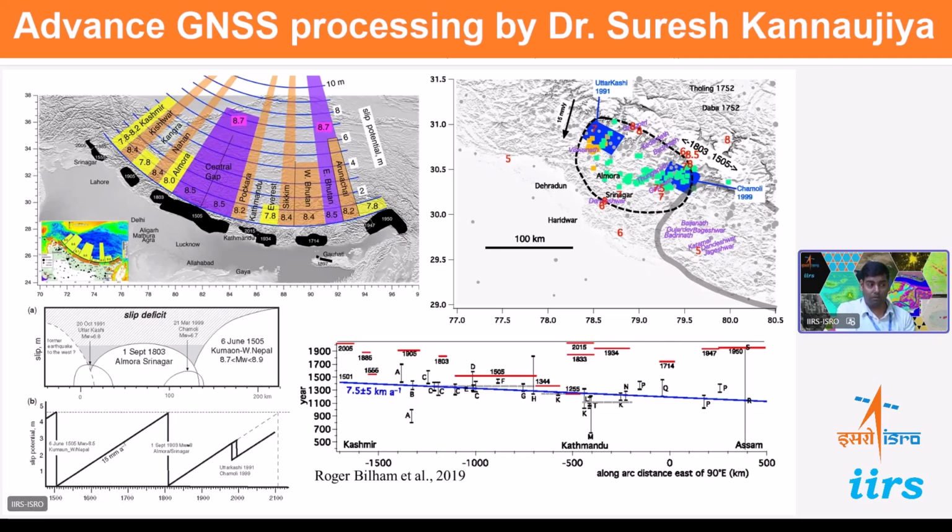If we compare with 1803, these two earthquakes have accommodated some of the energy, but huge energy is still present along the fault plane, and continuous strain accumulation is going on. So it is not that the region is not prone to the occurrence of a big earthquake. It is prone to the occurrence of a big earthquake in the near future.